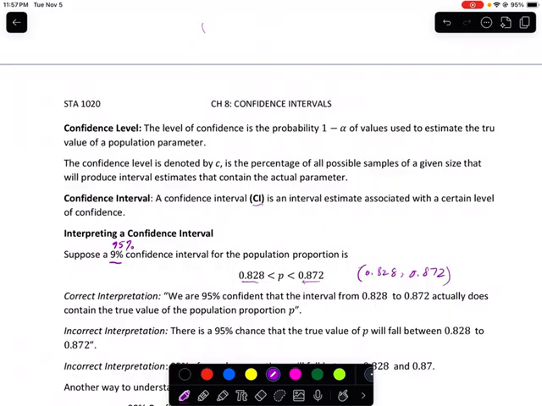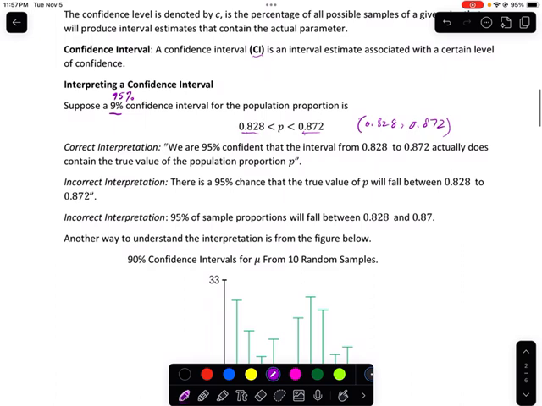There is only one correct interpretation, and then there are many incorrect ones. In the correct interpretation, a little bit of wording can change, but the main gist of the definition is the same. So if we have a confidence interval, we could have any number here.